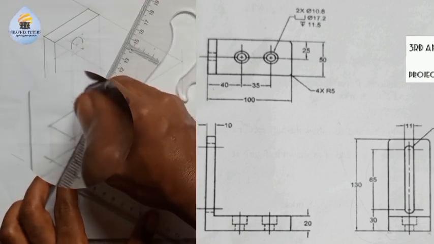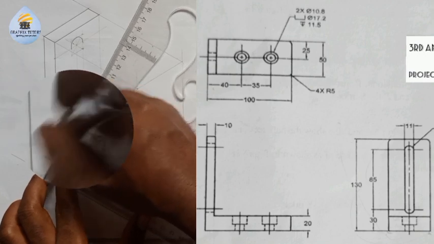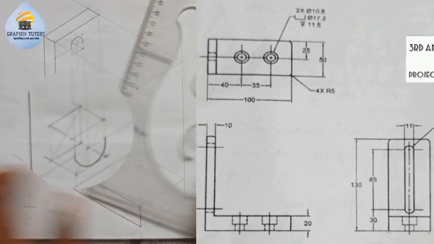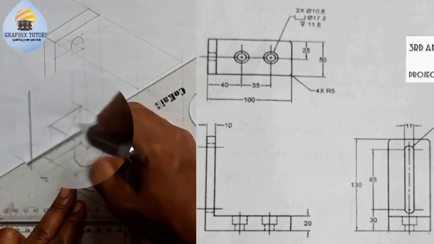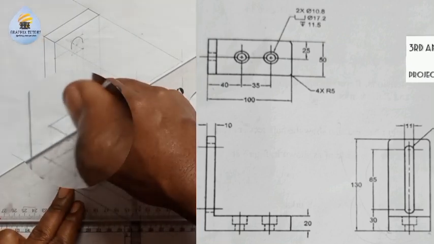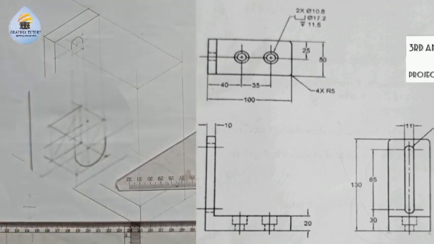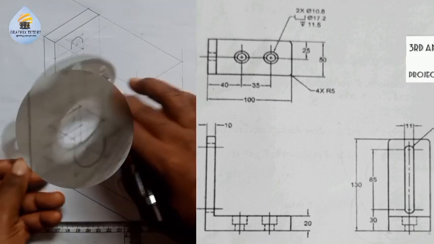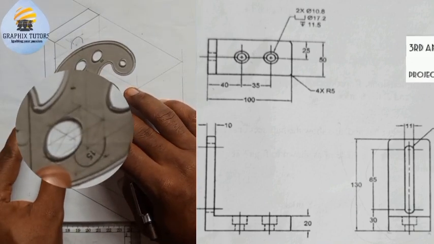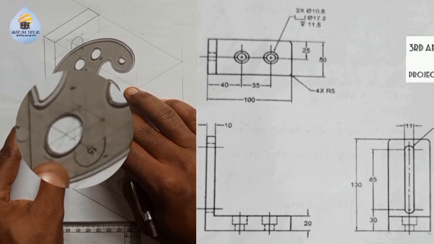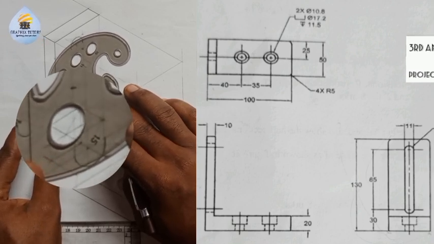Then drawing the diagonal. The center here. So I'm going to take that same French curve, place it in that box, 15 here, and I'm going to do the same thing.